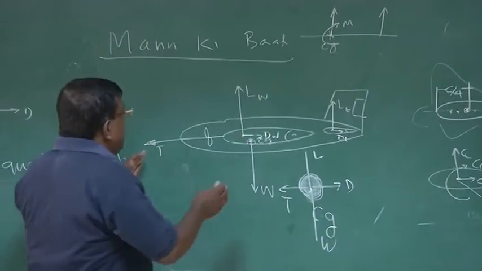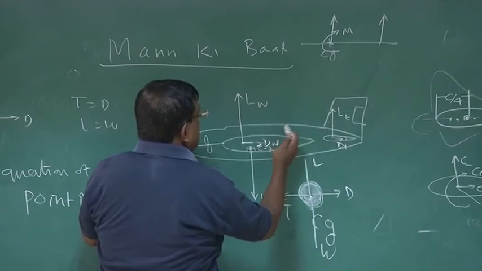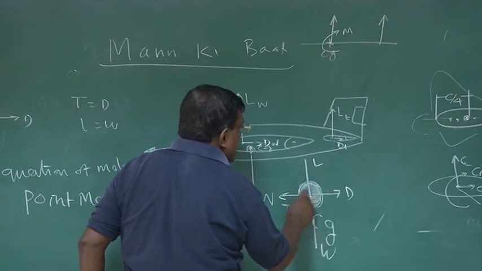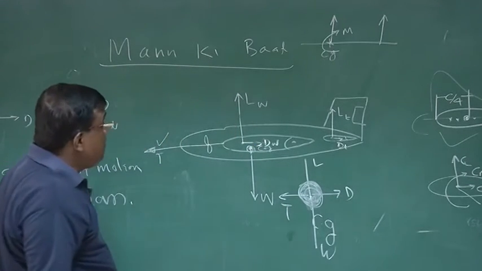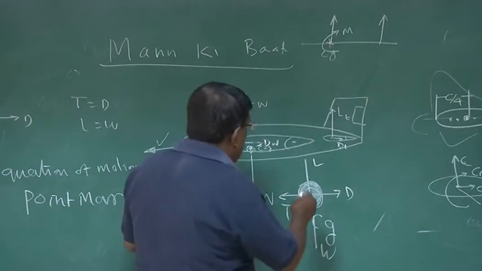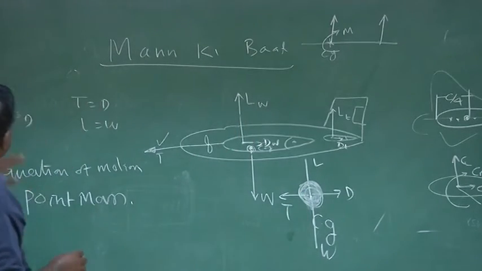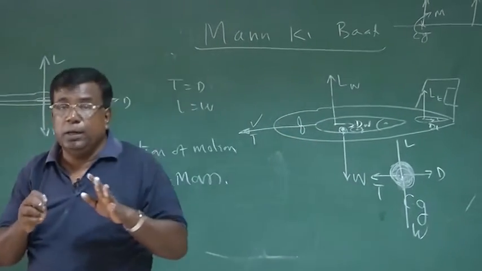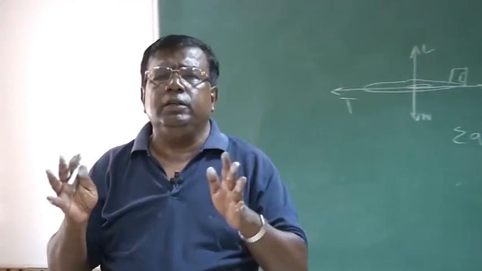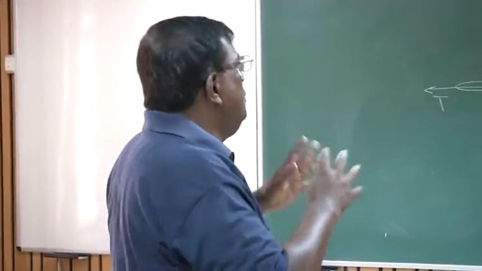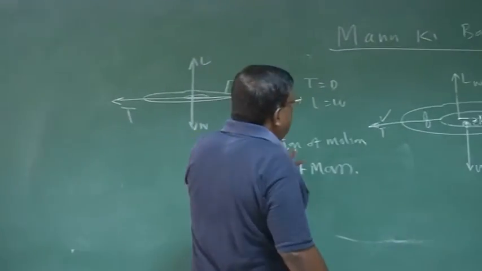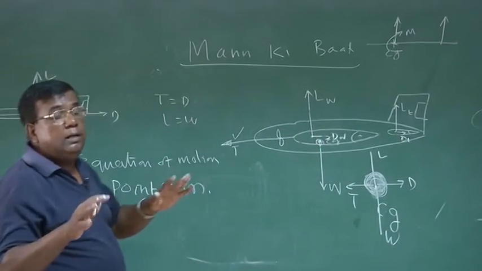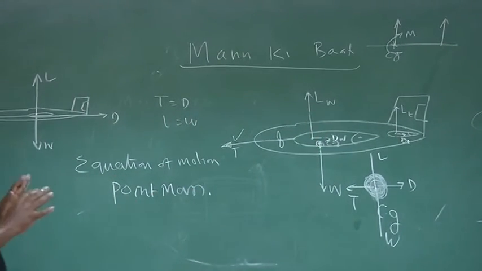So all these forces, lift tail, lift wing, all drag, etc., are transferred to the CG. Also the thrust force, and whatever moments are there, they are also transferred. But in this analysis, it is assumed that all those moments are balanced by the elevator, trimmer, or whatever it is. When I am writing this equation of motion, it is a point mass model, and the assumption is all the moments are balanced, and it's a stable flight. Okay? So this clarity must be there.